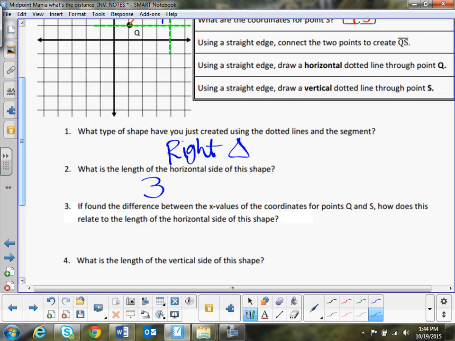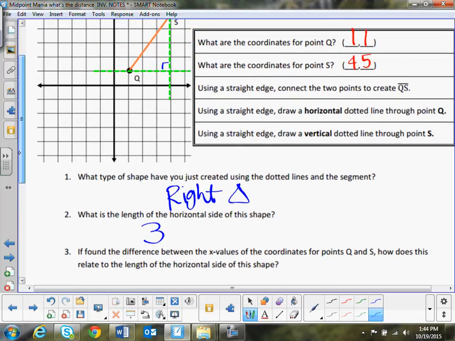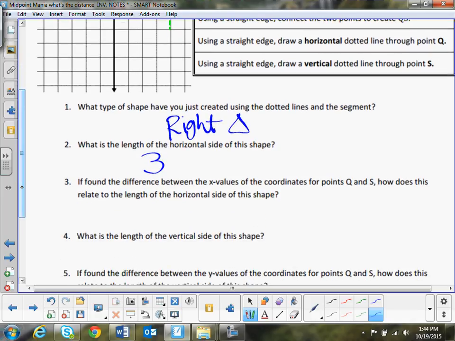If you found the difference between the x values of coordinates Q and S, how does this relate to the horizontal side? So what are the x coordinates, y'all? For Q and S, 1 and 4, right? What's the difference between 1 and 4? 3, right?